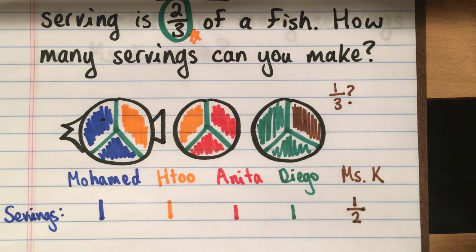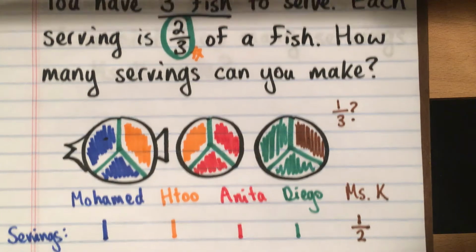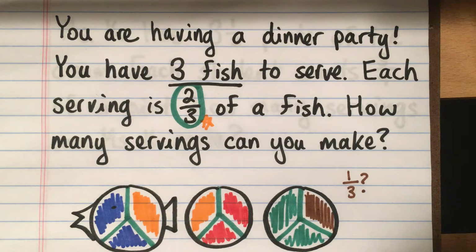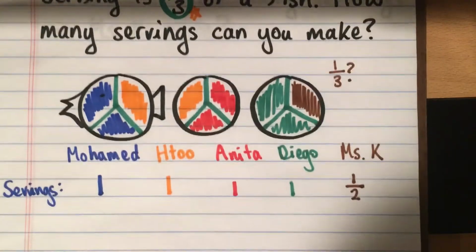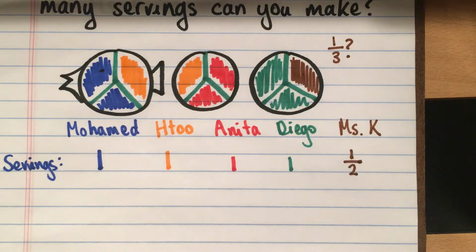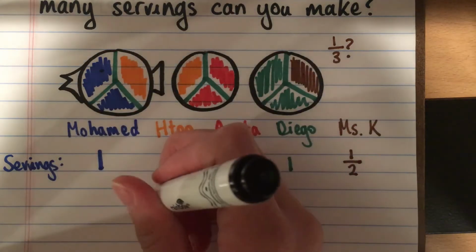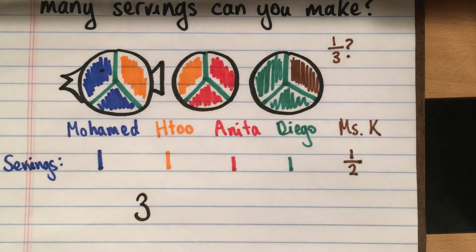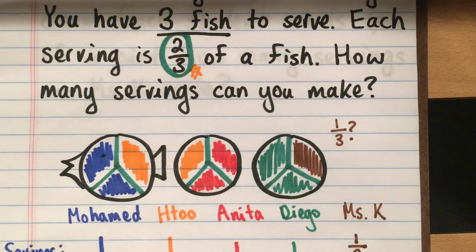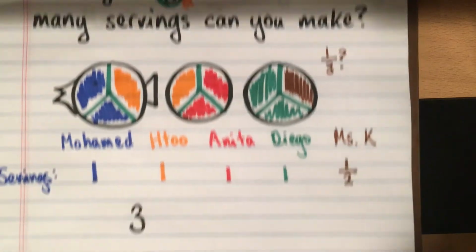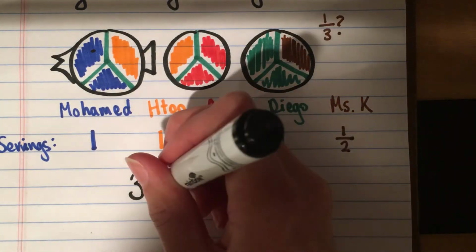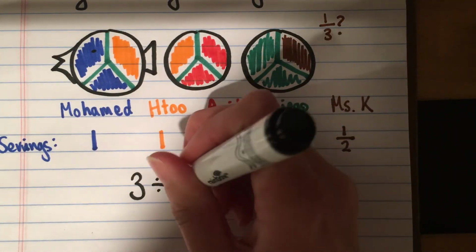So to write this all out as a number sentence, again, we started with 3 fish. We're dividing those fish into servings, where each serving is 2/3 of a fish. So we're dividing 3 by 2/3.